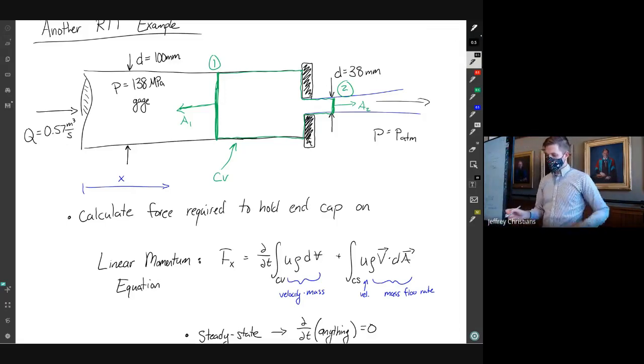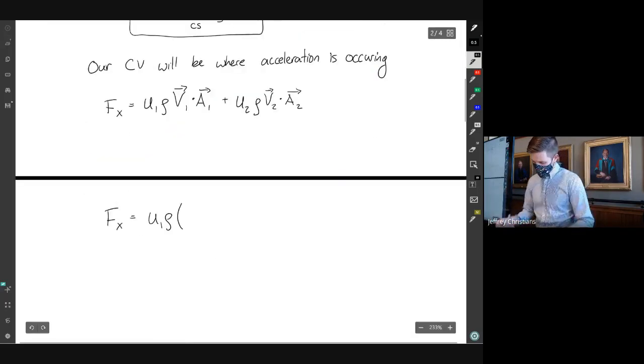So our fluid is going from left to right. So the velocity vector is pointing to the right. A1 is pointing to the left. So that dot product is going to be negative. So this is negative u1 rho A1, plus u2 rho.